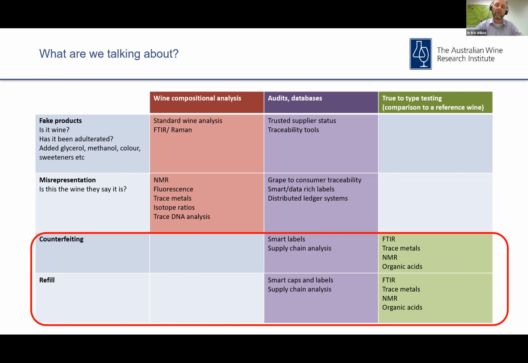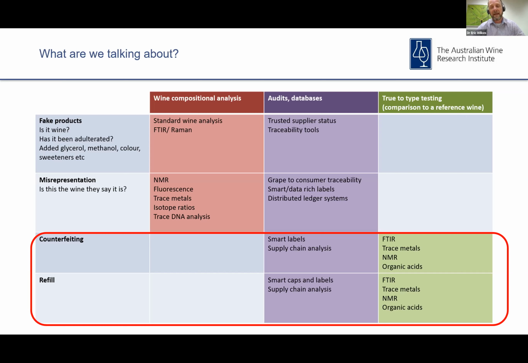And when you're talking about refill, there's some great technology already in the market and some really cool things being developed at the moment, where the actual act of opening the capsule or the screw cap will break the system and mean that you have kind of RFID or some process like that, which will no longer work for the system. So there's some really good tools being used very successfully to beat counterfeiting and refill.